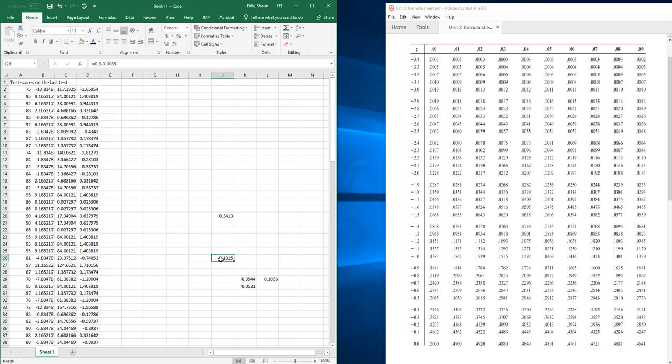Okay, so for 0.5 below and 0.5 above, you would actually just need to multiply this by 2. And the probability of being within a half of a standard deviation of the mean is 0.383, or 38.3%.